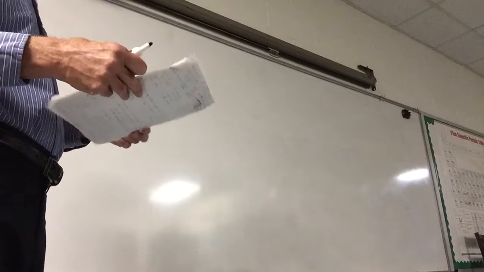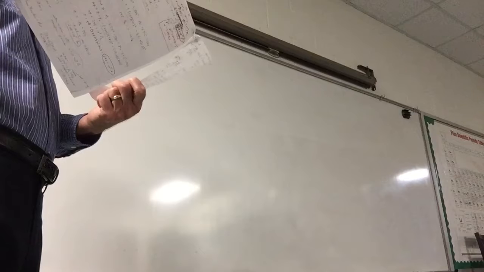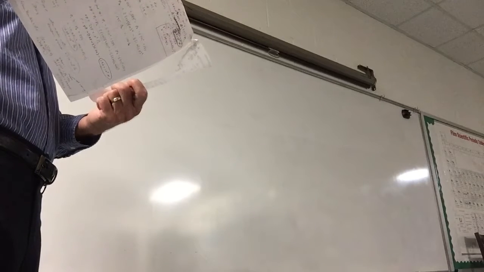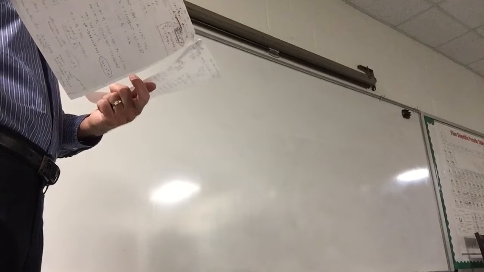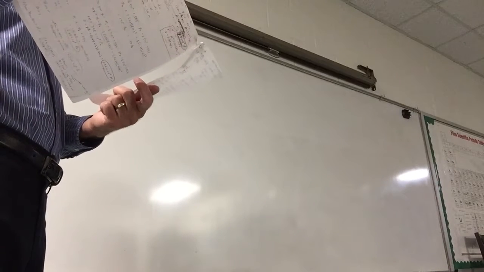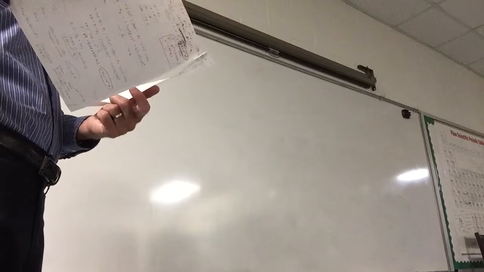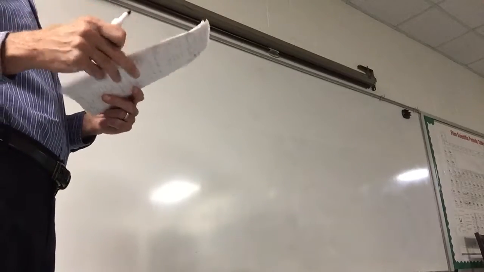Did I give you 58? I did. Here it is. A is 0.042 meters per second. That's A. B is 0.38 meters per second. Yeah, that's 58.